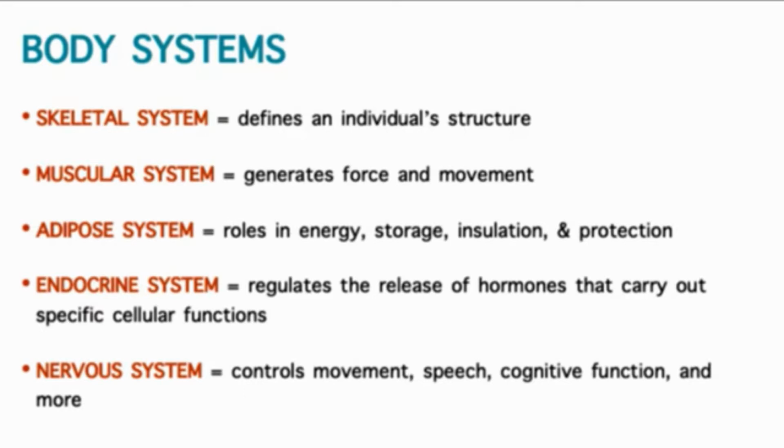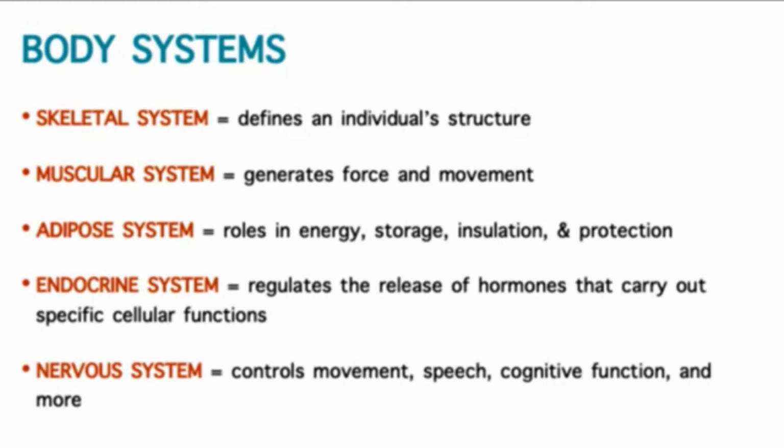So our muscular system is where our muscles are, right? So skeletal muscle, smooth muscle, cardiac muscle, and the primary function of our muscular system is to generate force and movement. Most often we think about this in terms of moving around, and if we're looking at this class, we could look at motor behaviors or motor skills.